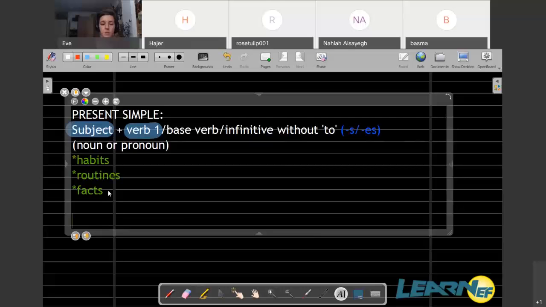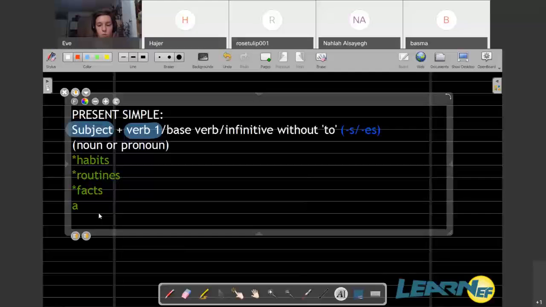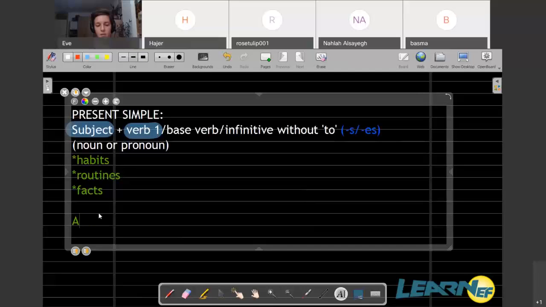Because it repeats, we have in present simple something that is called adverbs of frequency. Those are the words, whenever you see them, you know for sure that you're going to use present simple. And they say how often something repeats itself because it's habits, routines. Routines repeat themselves, right?